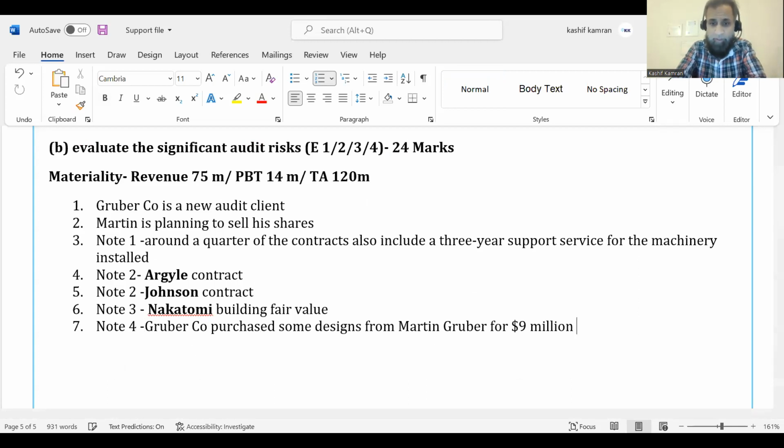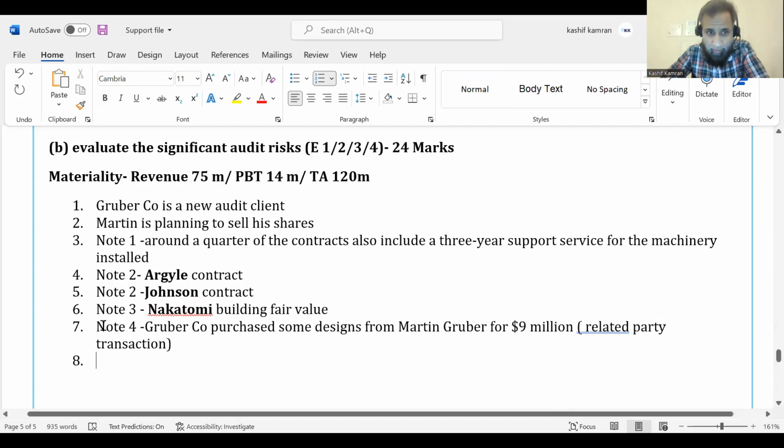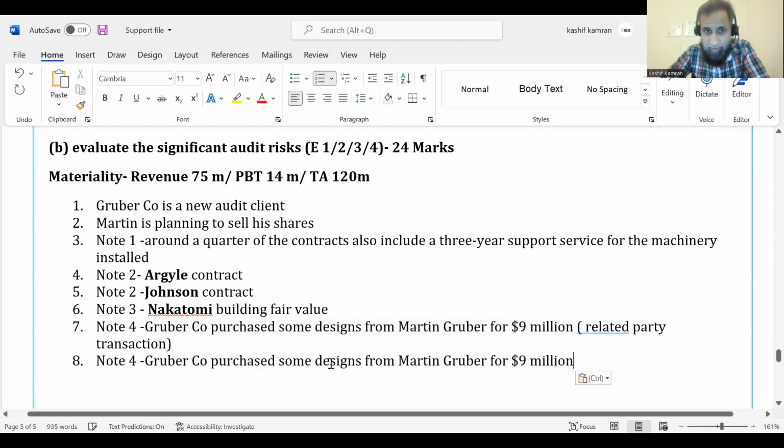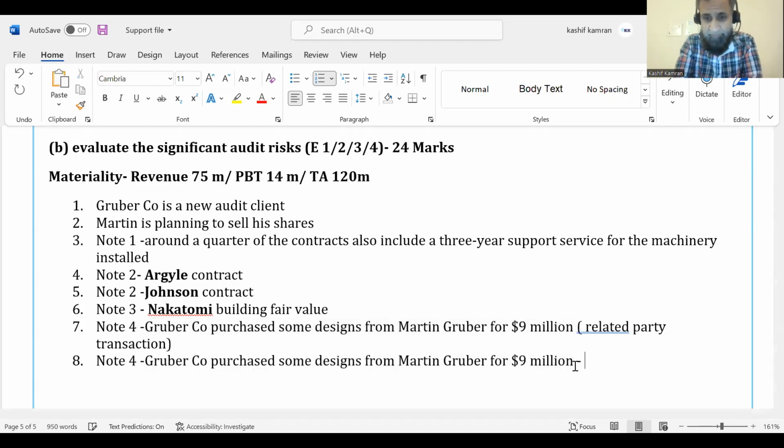So first of all, there is a related party transaction, right? That's number 1. But number 2, there is also another issue with note number 4. If Grubber purchased some designs from Martin Grubber at $9 million, there is another risk.